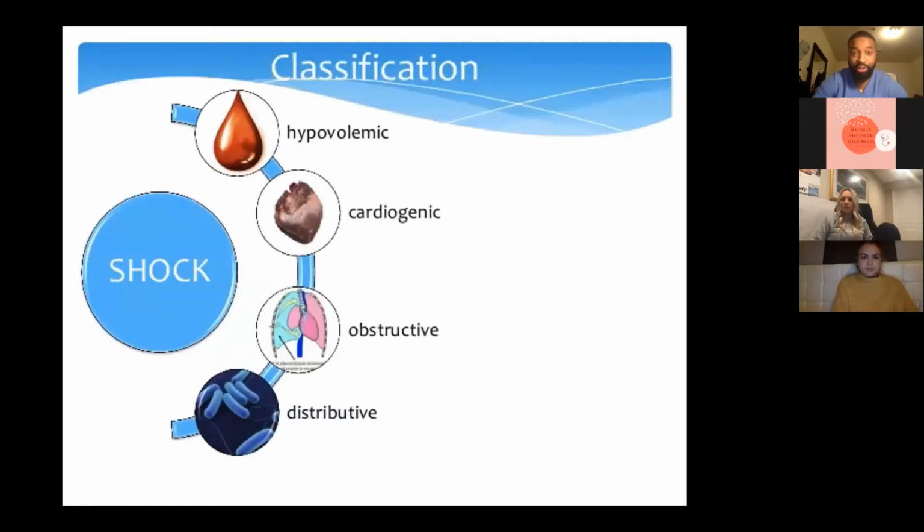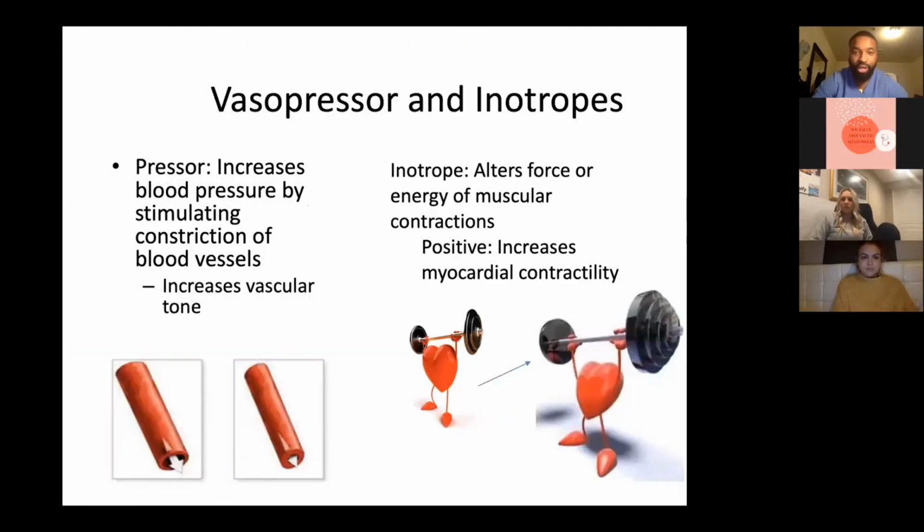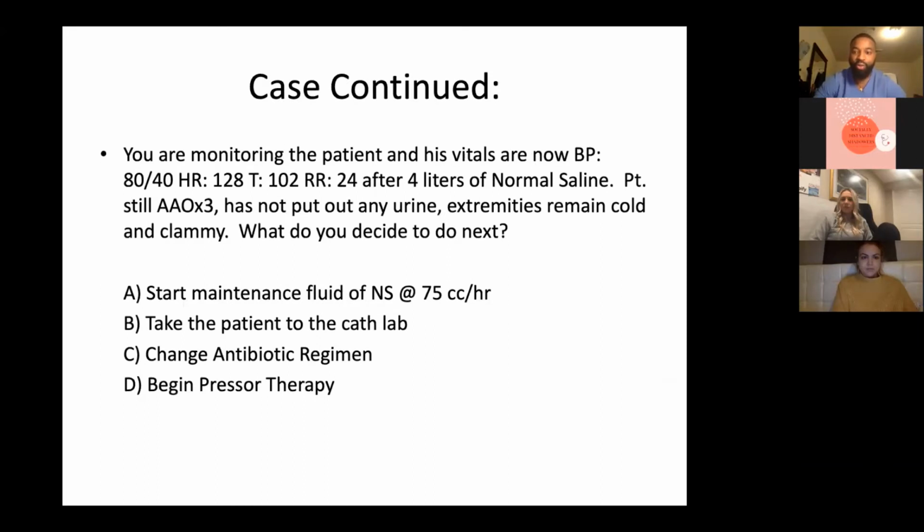So in this case, this patient's heart rate is 128, right? So the problem with a heart rate of 128 is the stroke volume itself will go down, right? If you want to maintain a certain cardiac output, the stroke volume has to go down. So the higher the heart rate is, the less is being pumped out in every stroke of the heart.